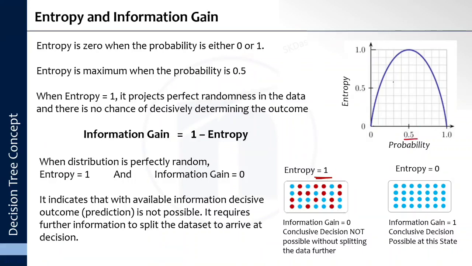So that means the entropy is at the highest level, that is 1. On the other hand, when probability is either 0 or 1, that means either fully red or fully blue, entropy is 0. And in that case, information gain is 1.